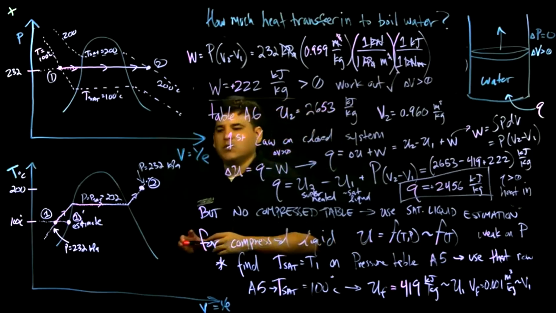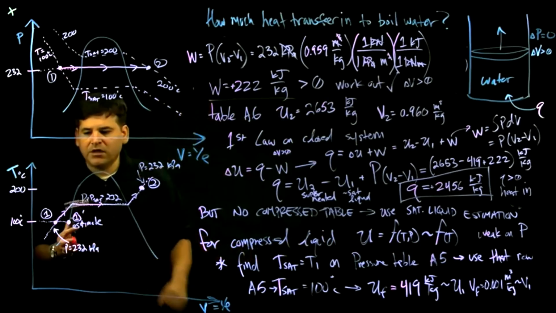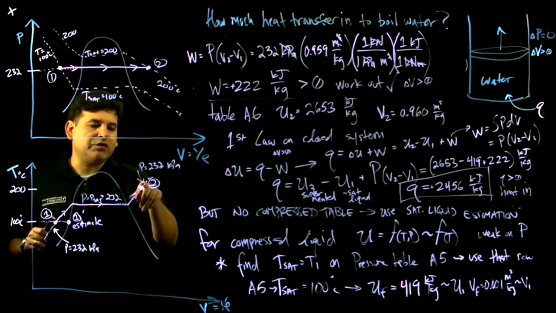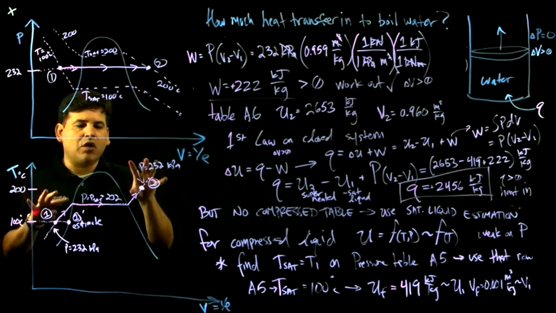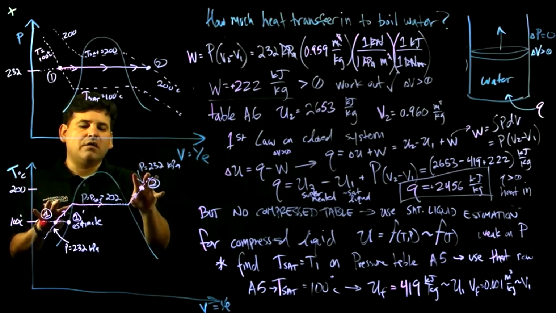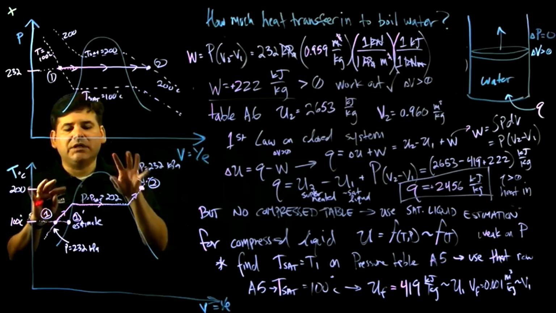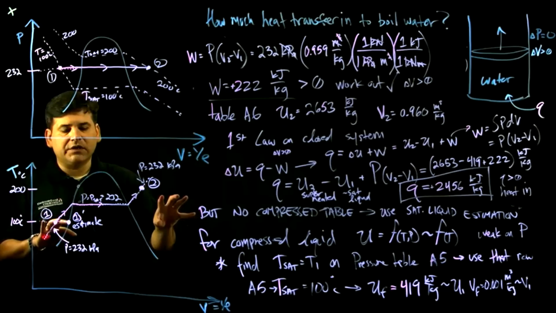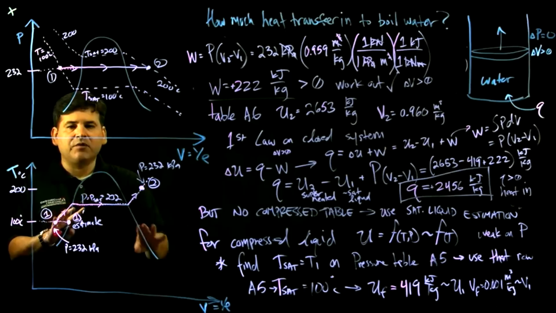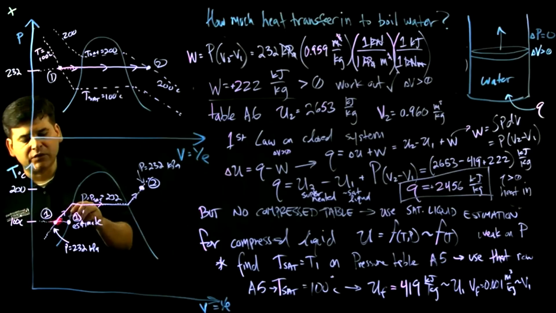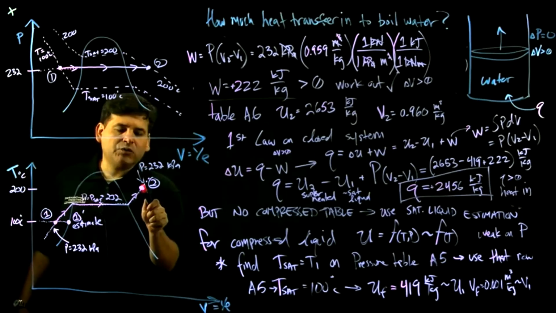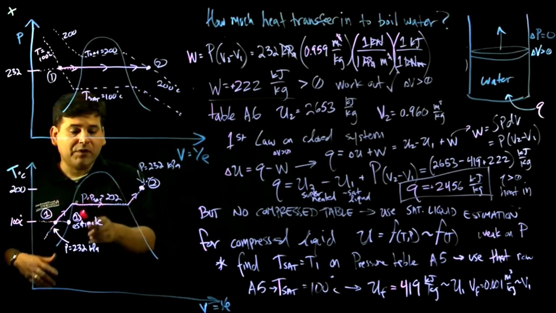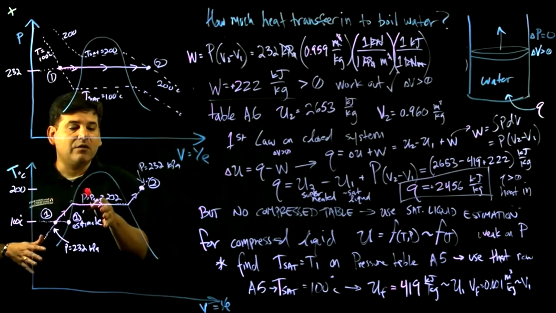What we did was we used our initial temperature and pressure and our final temperature and pressure to find the properties of the water, and those properties happen to be all over this saturated vapor dome, meaning that it started off as compressed liquid, ended up as superheated vapor, and we used the dome properties to figure that out.